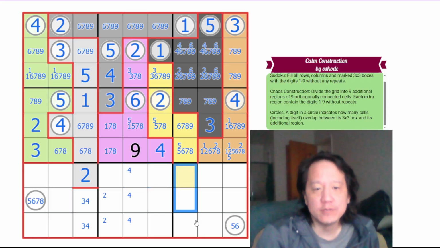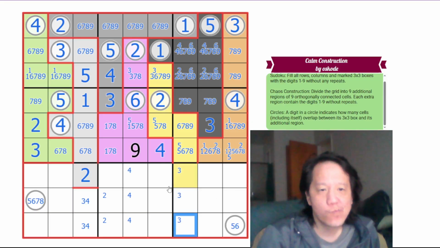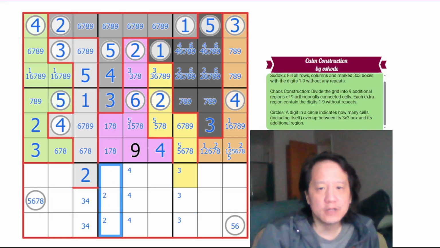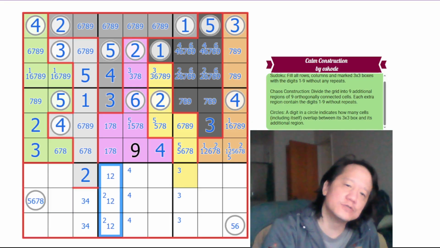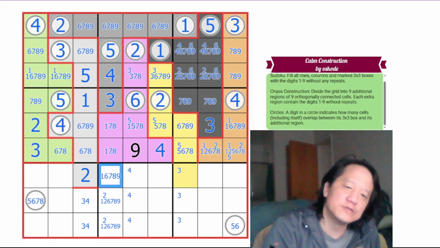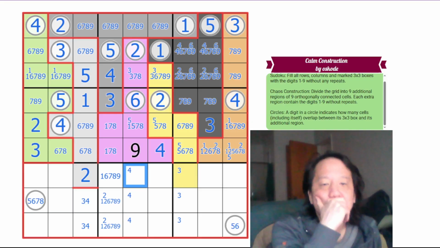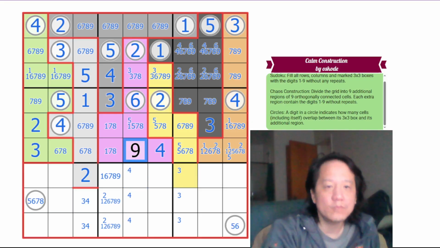3 has to be one of these 3 cells here. Remaining digits in column 4: 1, 2, 6, 7, 8, 9. Obviously 2 cannot be here. This 9 eliminates 9 here.